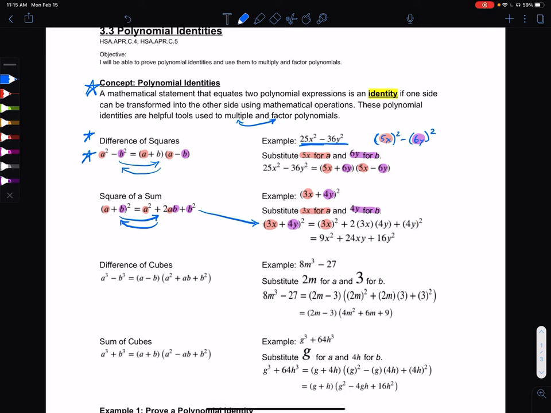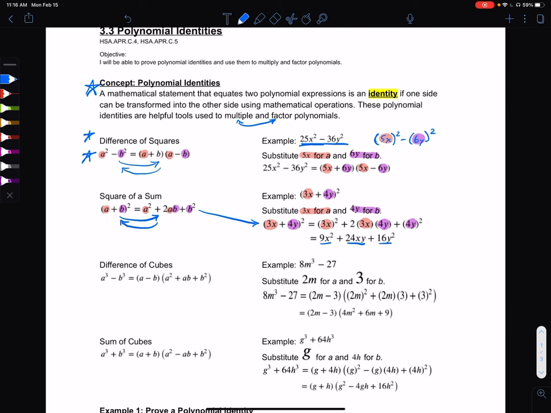So this 4y is used, and then the 3x, and then you would just work this out. Once this is simplified, 3x squared is 9x squared. 2 times 3x times 4y would give you 24xy, and 4y squared would give you 16y squared.